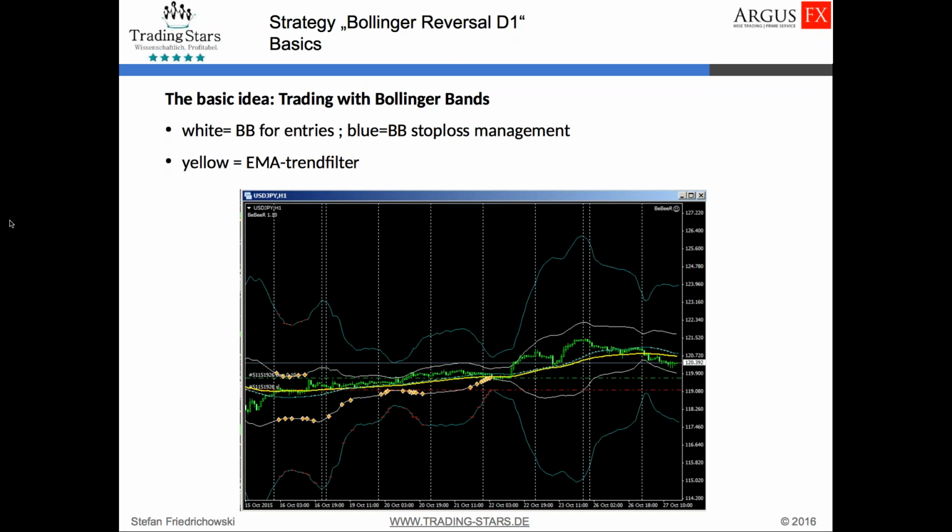What you see here are two Bollinger Bands. One is in white and the other one is in blue. The white one is responsible for entry levels and the blue one is responsible for stop loss levels.